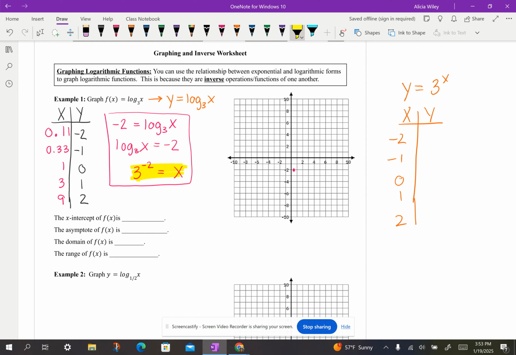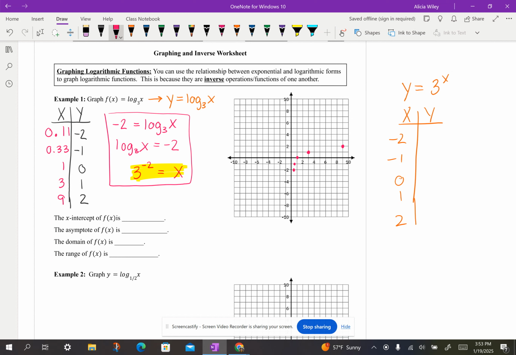Whether it's on the page, get some scratch paper, figure it out if you can't do it in your head, because you can't just plug this log into the calculator and get that answer. You cannot do that. Okay, so after you graph those, we got 0.33, -1. I have 1, 0. I have 3, 1. And then I have 9, 2.